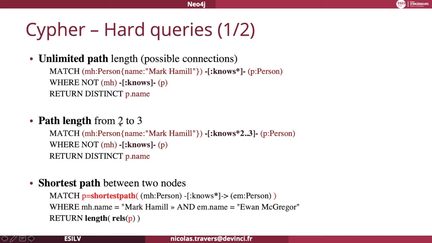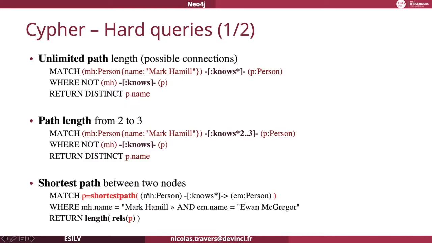And we can do the same with path lengths of distance 2 or 3 with the star here and the 2 point and the 3 value. So all the paths, so the jumps between persons of distance 2 or 3 and not knowing them directly. Just because it's possible to have a distance 2 or 3 which refers to a person who is known directly. So I want to remove them.